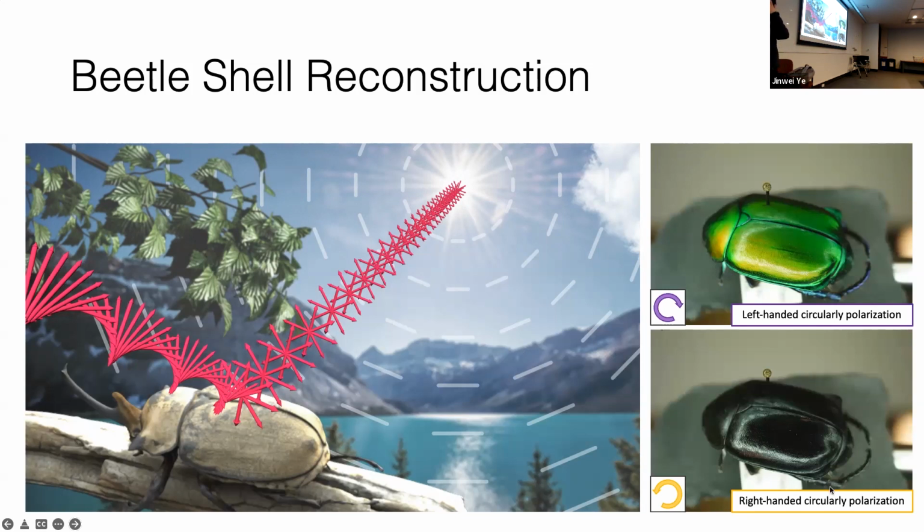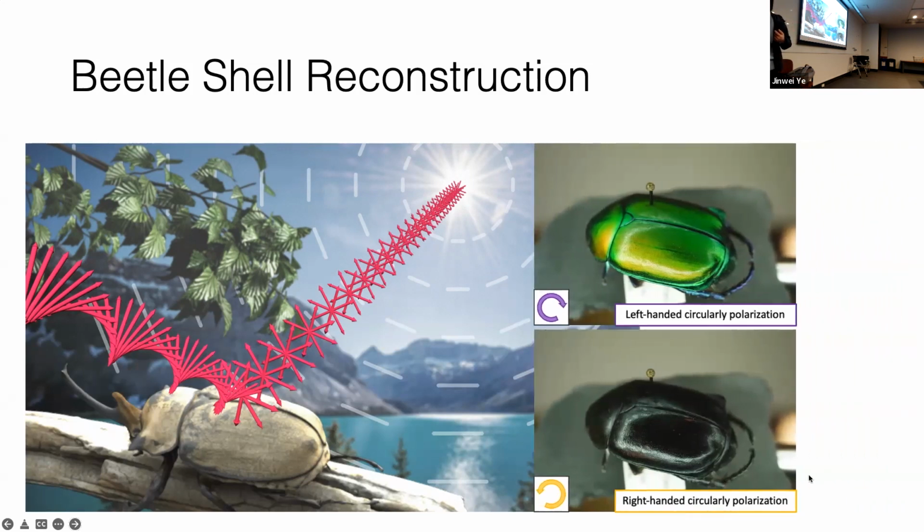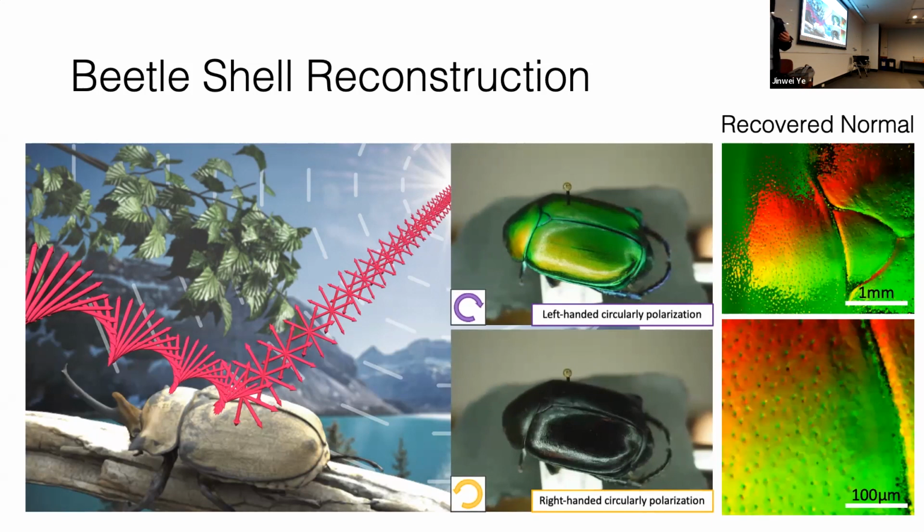If you use a filter the other way, which is the right-handed one, then the color becomes completely dark, meaning that the reflection from the beetles is completely left-handed. Using this property of circular polarized reflection, we recover the normal of this kind of beetle to a very fine scale. We can see the fine structure on the surface very well.